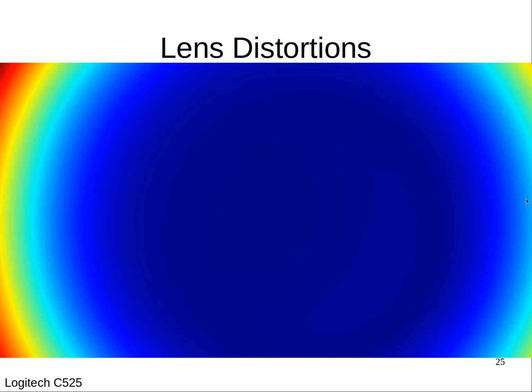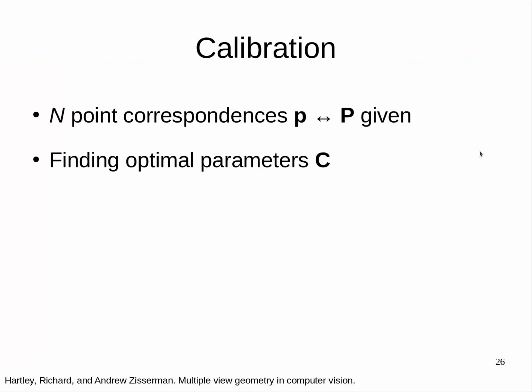Okay, but how to actually measure something like this? Of course, this probably tells you that you cannot use a ruler or something to measure these things. So what to do? Basically, we need several point correspondences, n in general, between 2D points and 3D points.